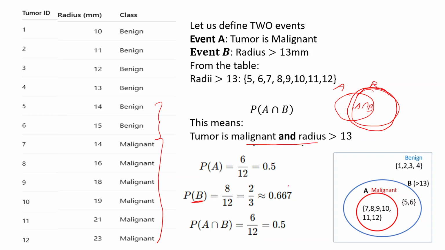Therefore, this comes out to be 6 divided by 12, because A and B together, how many did we get? We got only 6. But the total samples is 12. Therefore, it becomes 6 divided by 12.